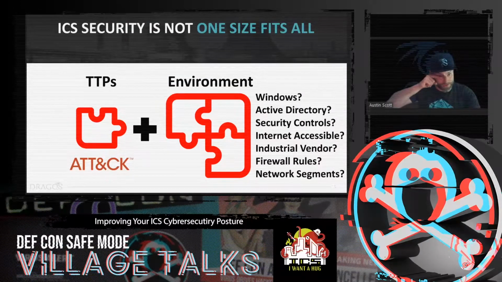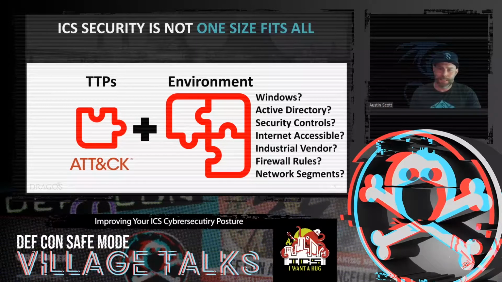And of course, tactics, techniques, and procedures are part of the equation, but we find these really change depending on the environment that you have. It's important to start with understanding what you have, whether you're running Windows Active Directory or Windows Workgroup, what kind of security controls you have, how the internet access works, how industrial vendors get in, and what your firewall rules look like.